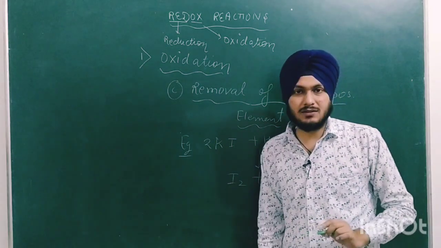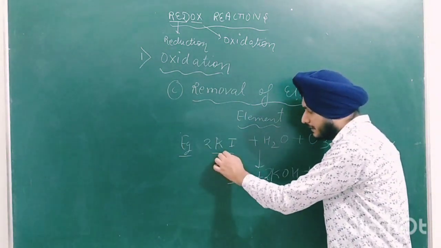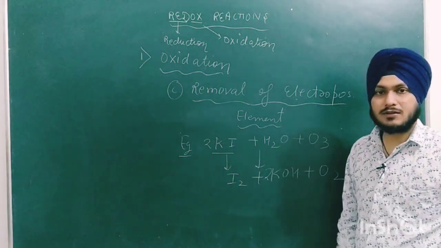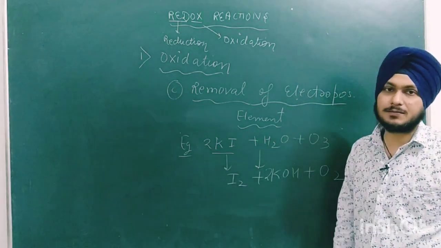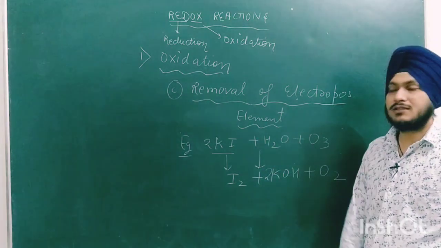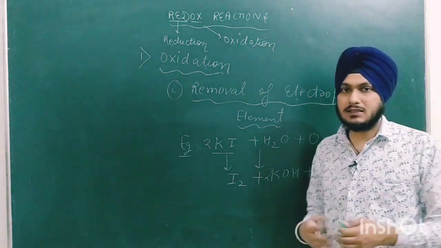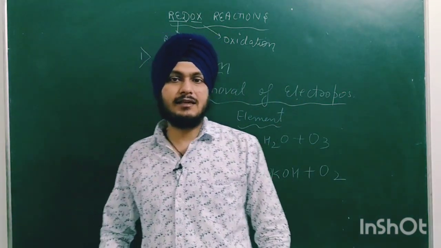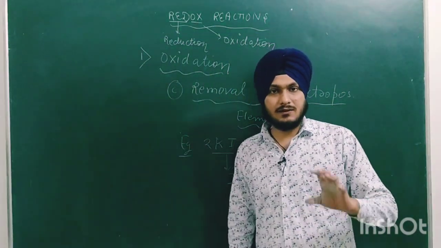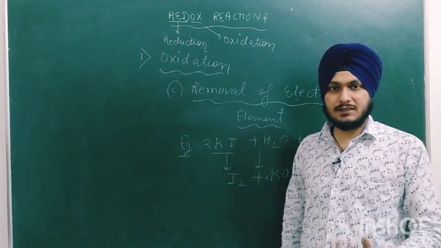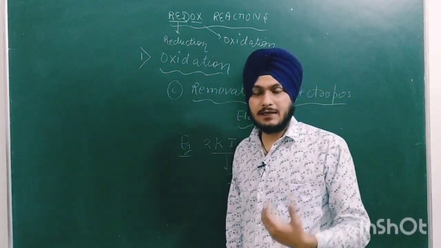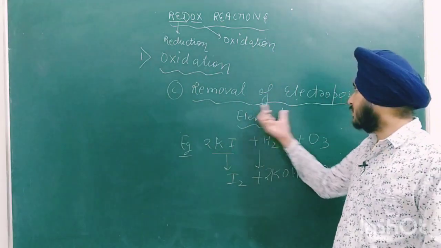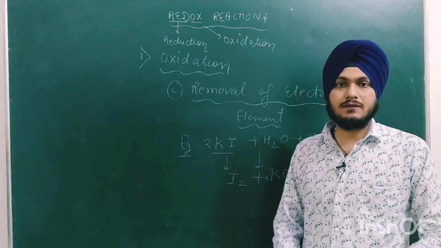In this equation also KI gets changed into I2, so removal of potassium takes place. That is why this reaction is also known as an oxidation reaction. These are the classical definitions of oxidation. The first is addition of oxygen, the second is addition of an electronegative element, the third is removal of hydrogen, and the fourth is removal of an electropositive element.